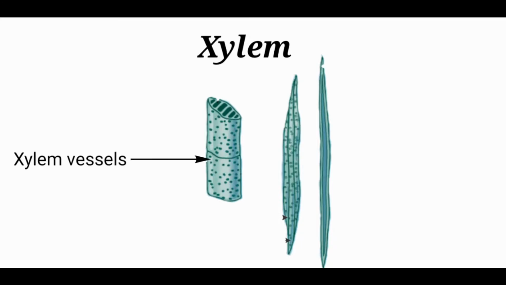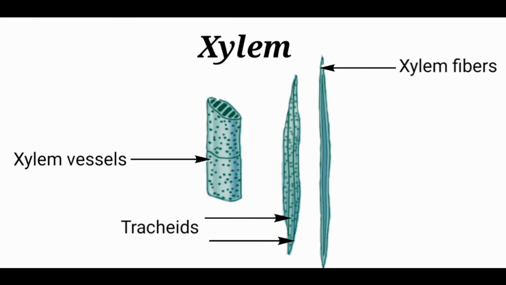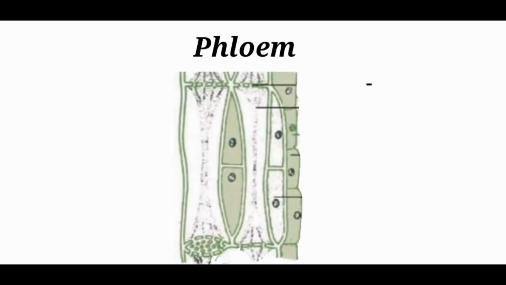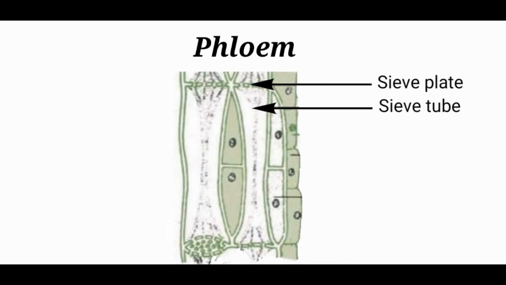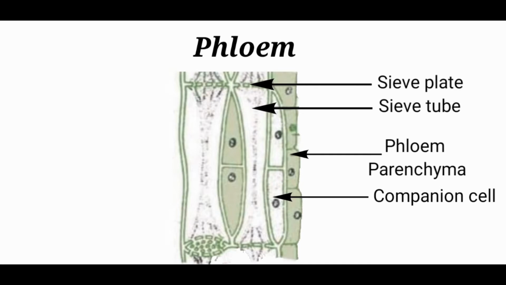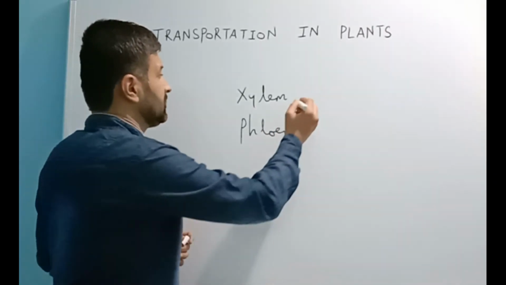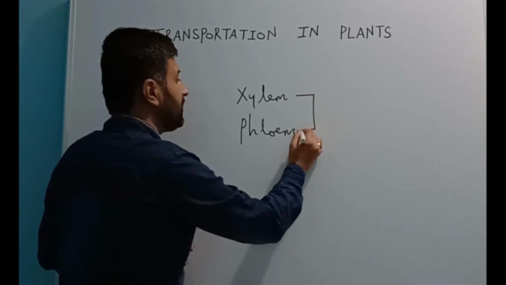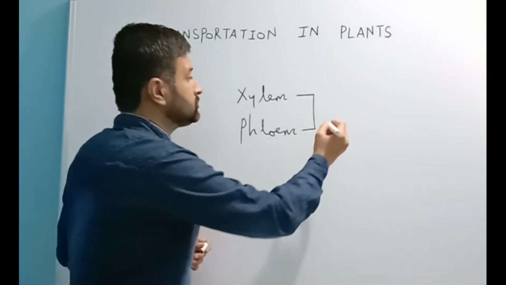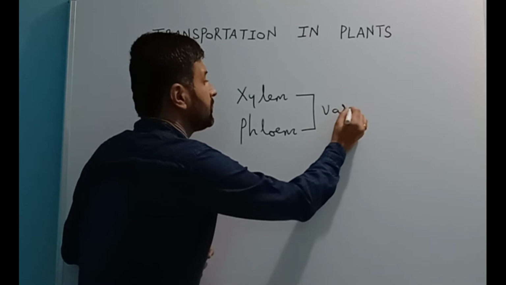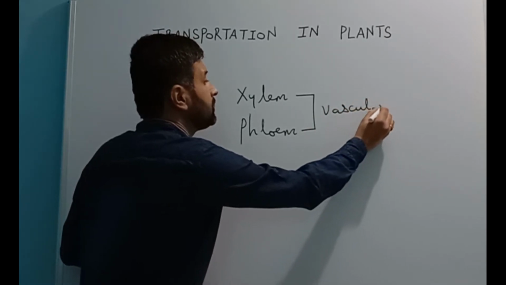Xylem tissue comprises xylem vessels, tracheids and xylem fibers, whereas phloem comprises sieve plate, sieve tube, phloem parenchyma and companion cell. These two tissues, namely xylem and phloem, constitute the vascular bundle.